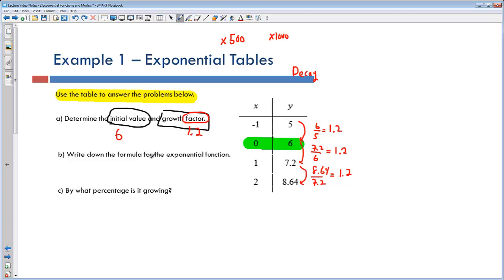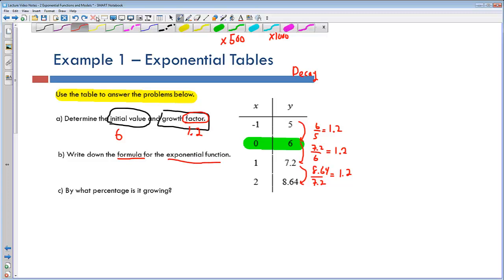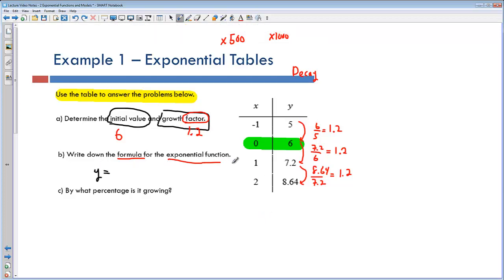Now, if you want, we could actually write down the formula for the exponential function. And it's really not that hard if you think about the pattern, the form, to find the formula. The idea is we have y equals, and you start with your initial value, so you start at 6, and then each time you're multiplying by the number 1.2, and in this case you don't multiply by x, you raise it to the x. You can check to see that this formula works.